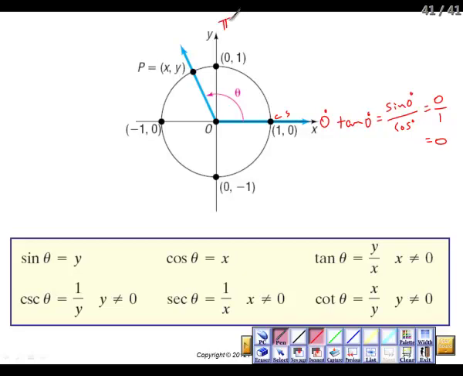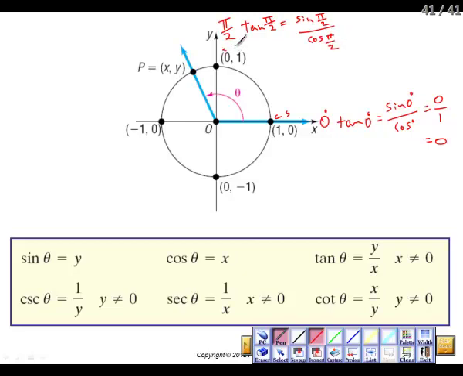Whereas up here at pi over 2, for tangent at pi over 2 or 90, we would have sine pi over 2 over cosine at pi over 2.